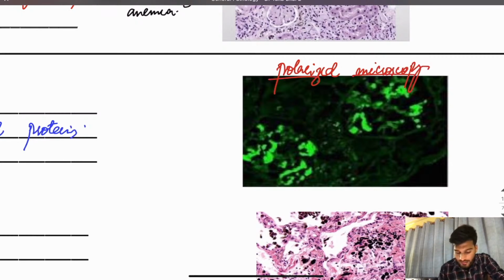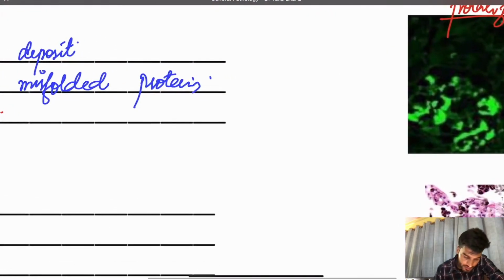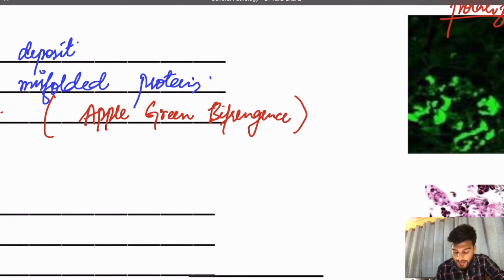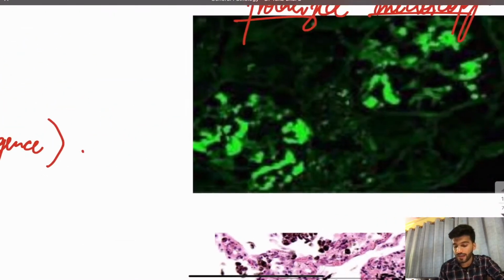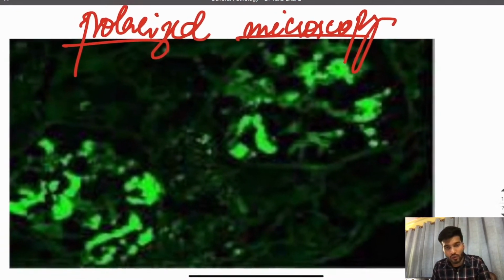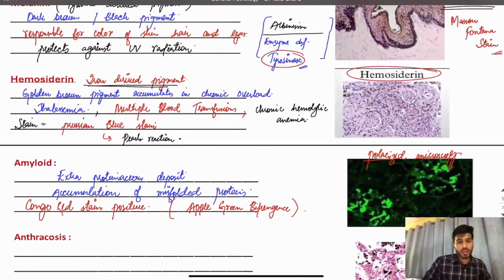Again a PYQ was asked, guys, an image was given, what is this? It is an amyloid deposition. Amyloid deposition under the polarized microscopy, it's an apple green birefringence.